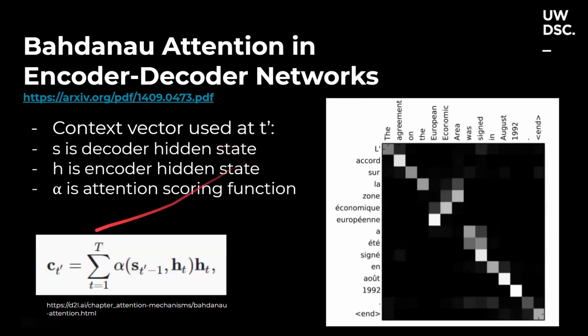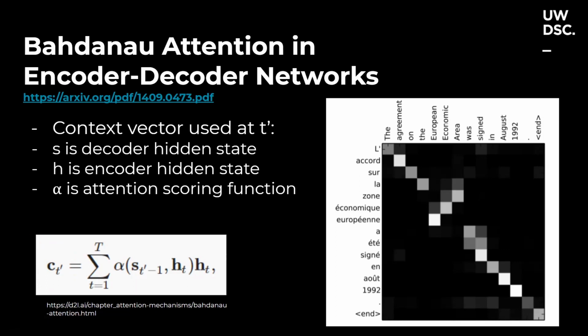In this function, they basically multiply them together and then use an attention scoring function. I think it's a softmax function that can be trained to generate a context vector that will be used in the second input of the decoder network, if that makes sense.